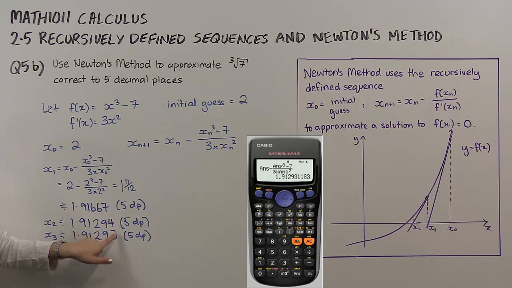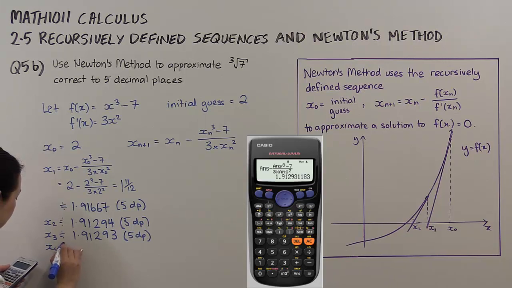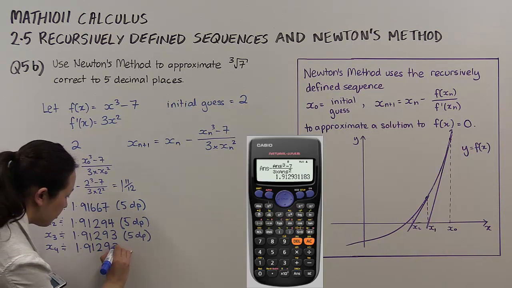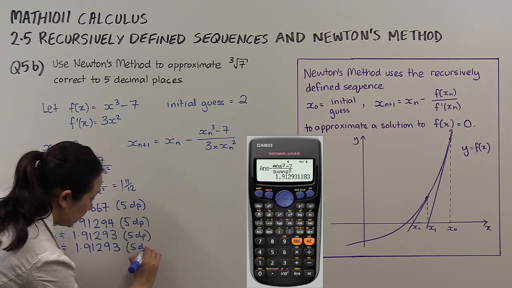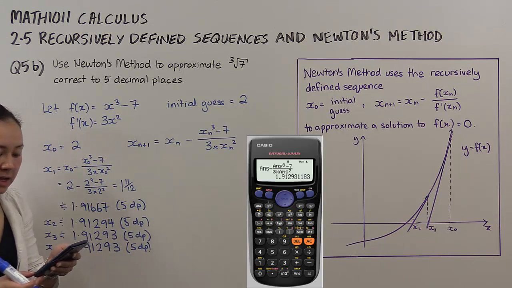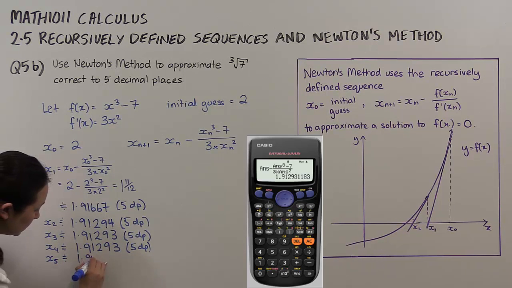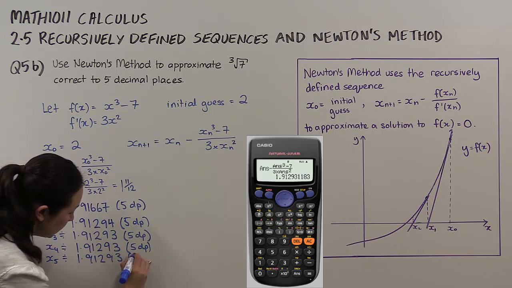I don't know whether it's 94 or 93 at the end there. But if I press equals again, I will see that the next term is 1.91293 still to 5 decimal places. And if I keep pressing equals, in fact, the first 9 decimal places don't even change. So it's definitely this correct to 5 decimal places. So even if I did another couple, you'll see that it's exactly the same.